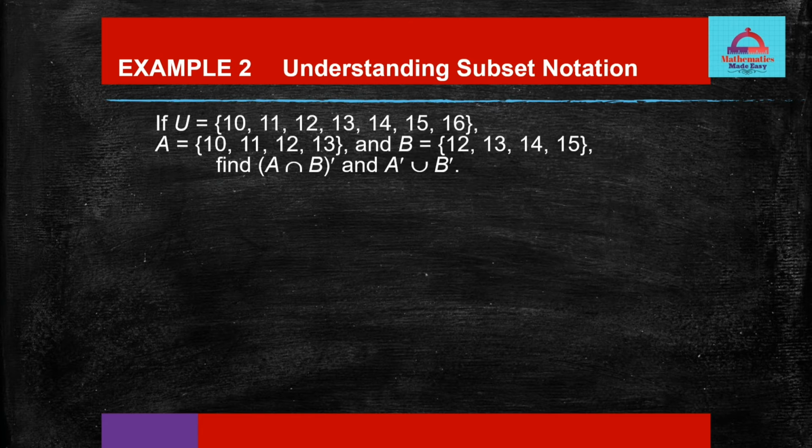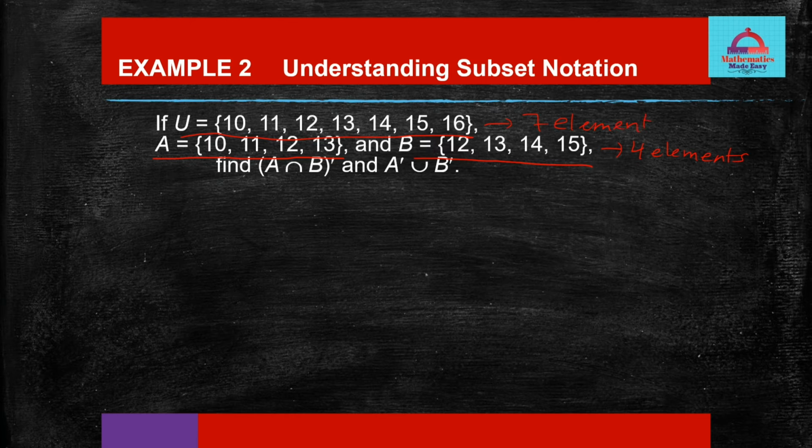This question will be solved using De Morgan's second law. Here in the question, let me read it out for you. You are given all 3 sets, the universal set, the set A, and set B. So let's count the number of elements. Both set A and B have 4 elements, and the set U has 1, 2, 3, 4, 5, 6, 7. So it has 7 elements.